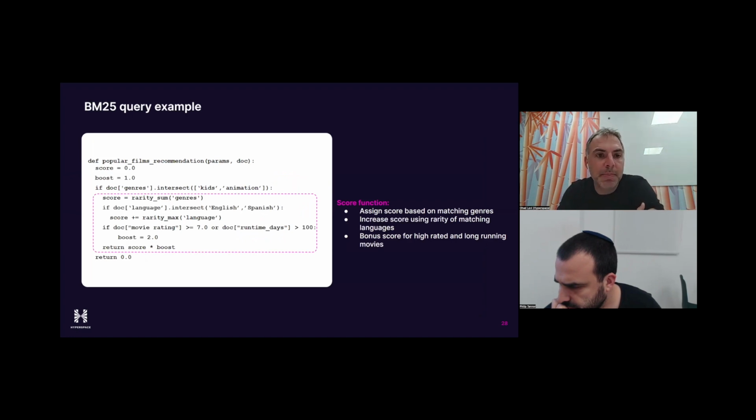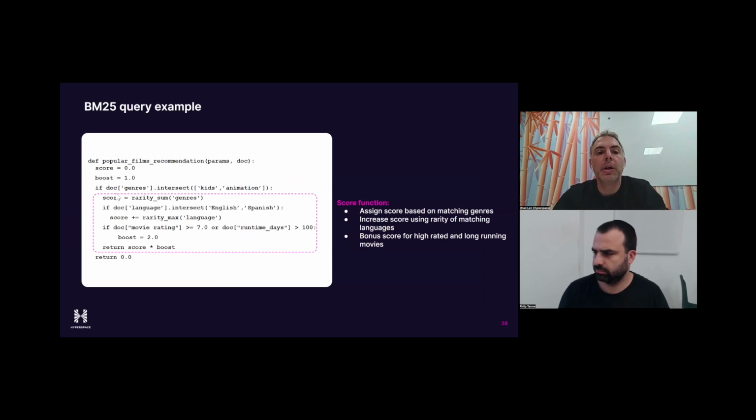So a quick example of that, let's look at this query example. I'm starting by setting the score to 0 and setting a boost factor to 1, okay? Then I'm moving into filters that I did before. I want to filter by genre, and I'm going to do an intersect between kids and animation.